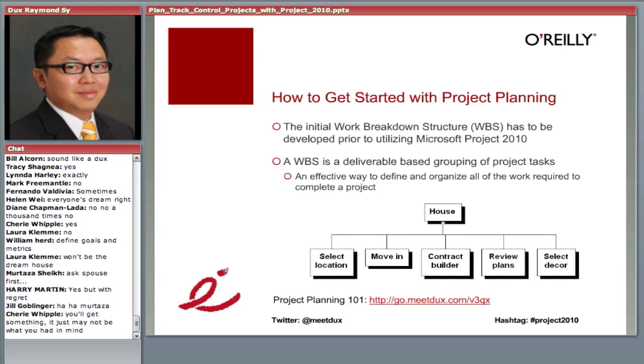You see all those boxes down there. Those are some of the work packages, as they would call them, that need to happen. Then I can break down more activities or tasks. We can talk about what it means to select a location, maybe do some research, ask neighbors or whatever. So you can break it down further. And I have an hour-long webcast going through this concept further, on that link, Project Planning 101. So let's go and do this, okay?